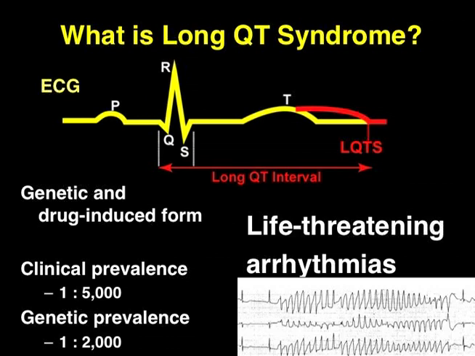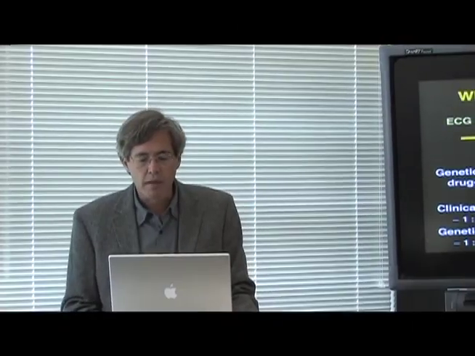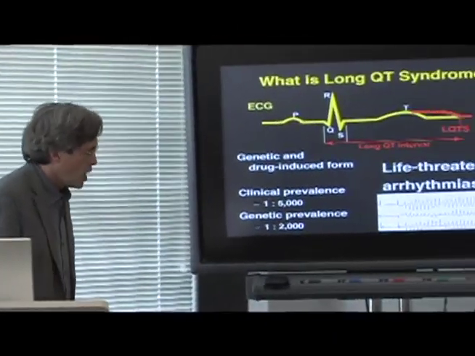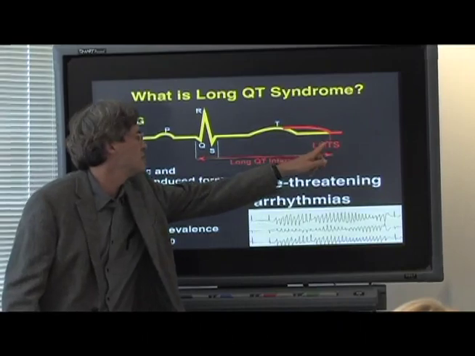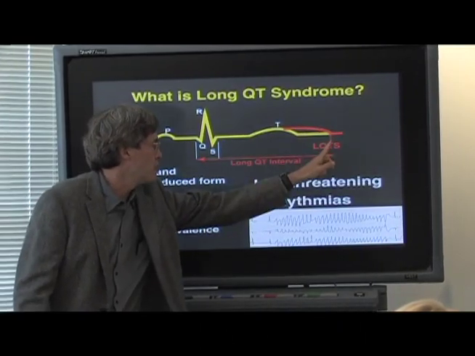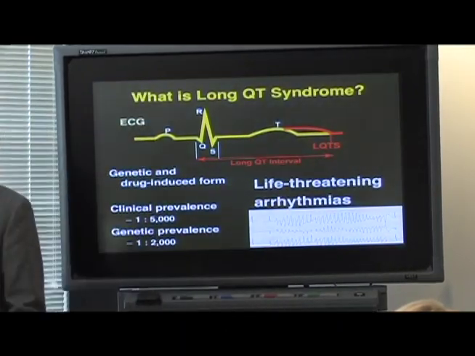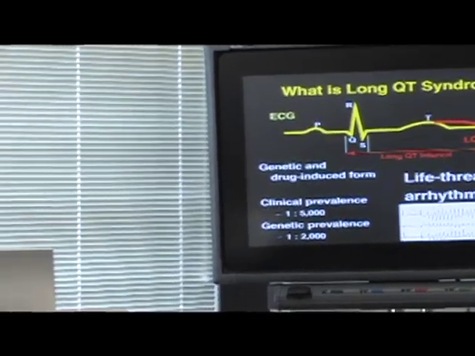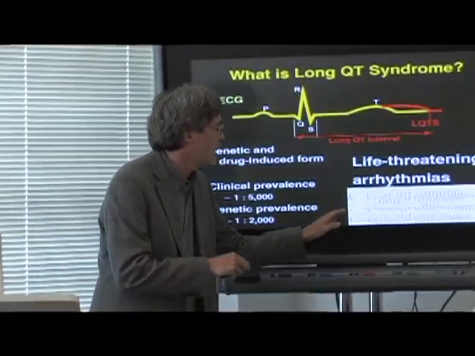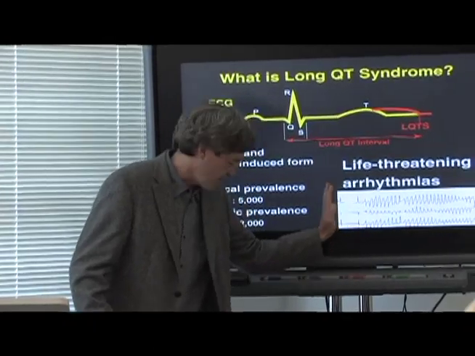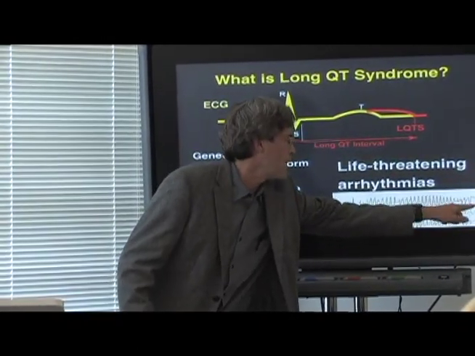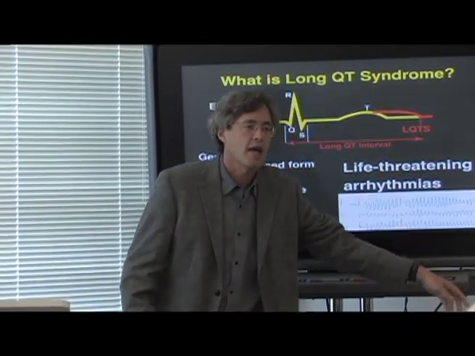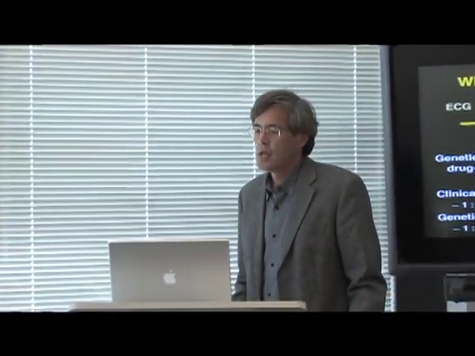That doesn't seem like much of a problem, except that people who have the mutations that cause long QT drop dead. They drop dead suddenly, and they drop dead when they take certain drugs, many drugs, which you can buy at the regular drugstore. This is an EKG of somebody who actually did die for a little bit, fell on the ground, and then came back to life, fortunately for that person.